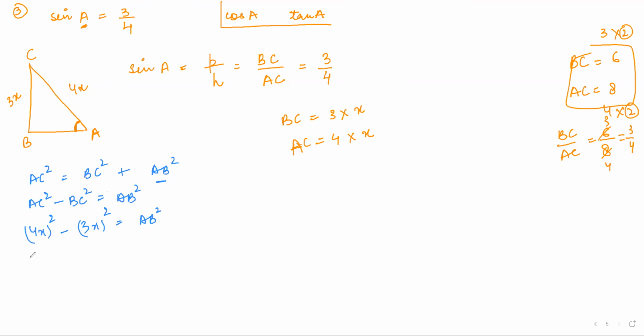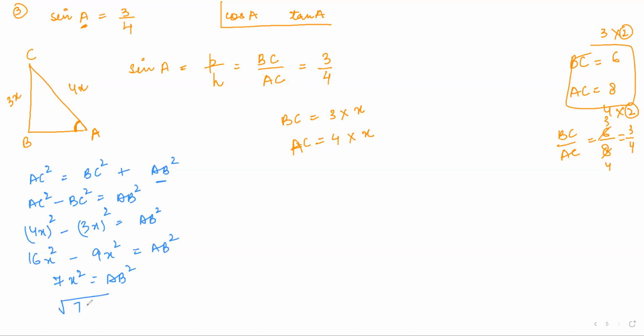Now 4 into 4, 16x square minus 9x square is equal to AB square. 16 minus 9 is how much? 7, right? So 7x square is equal to AB square. Take square root on both sides.